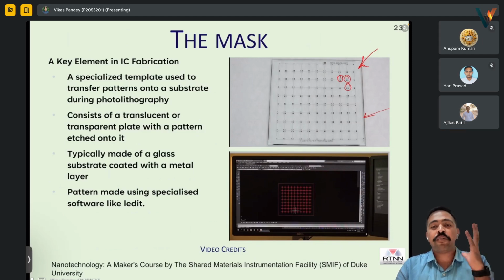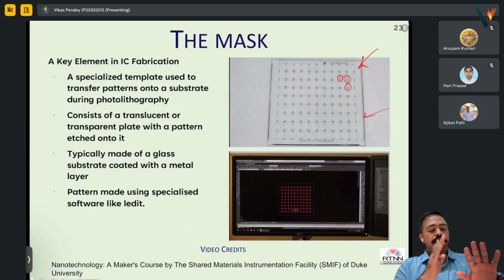So bright field is simply, to remember, just keep in mind that we are playing with light here. Bright field is where light will be in more area. Dark field is where light will be in less area. When we talk about bright field, field means the background.